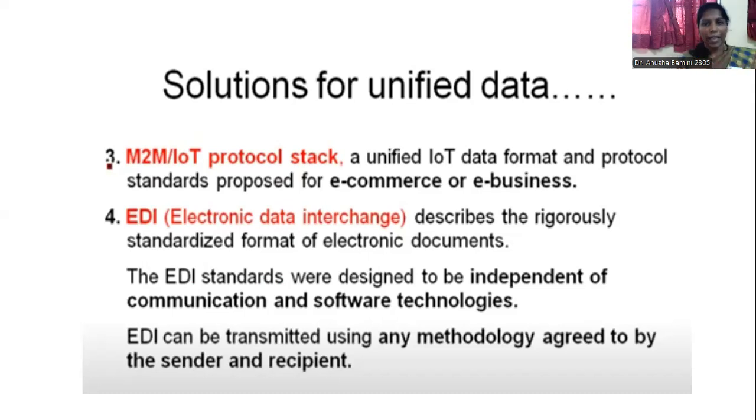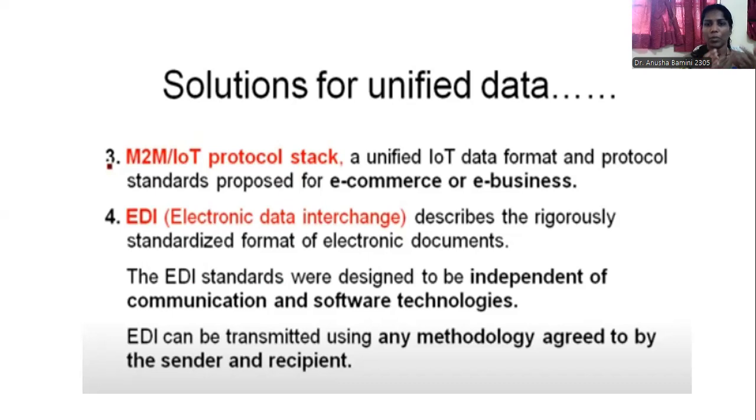In those websites, we know a lot and lot of data are generated in a single day. So in that case, this M2M and IoT protocol stack is applied to generate or create the data in a defined format. Then only it is easy to access and process the data further.